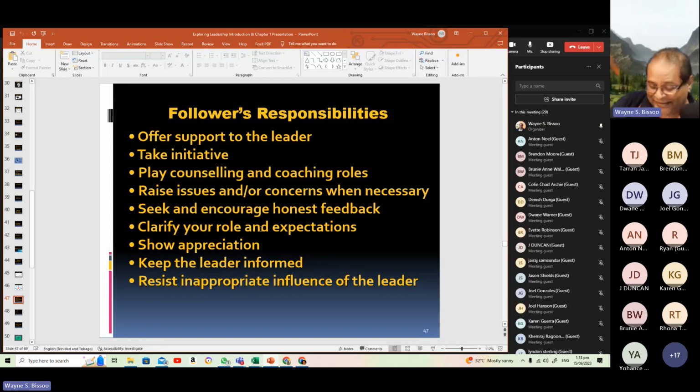This is something a lot of leaders, especially charismatic leaders, don't have, because some of their followers don't resist those inappropriate activities. This is how we end up with leaders that have a whole set of followers who don't care that this person behaves in this manner, but they're willing to follow them regardless, because they don't resist the inappropriate activities or influences of the leader.